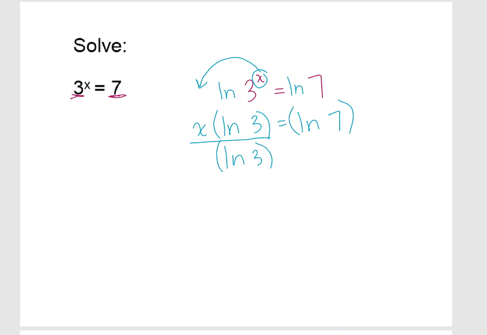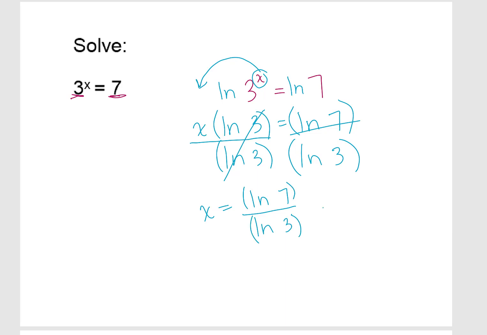You will not put natural log of 3 into your calculator just yet. You'll leave it alone. You're going to get some crazy long decimal answers, so just leave it alone. What I do on one side, I've got to do on the other. And I would get x equals natural log of 7 over natural log of 3.